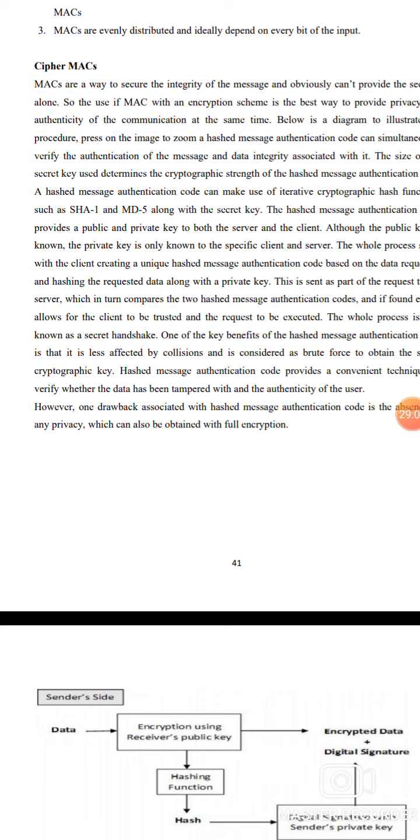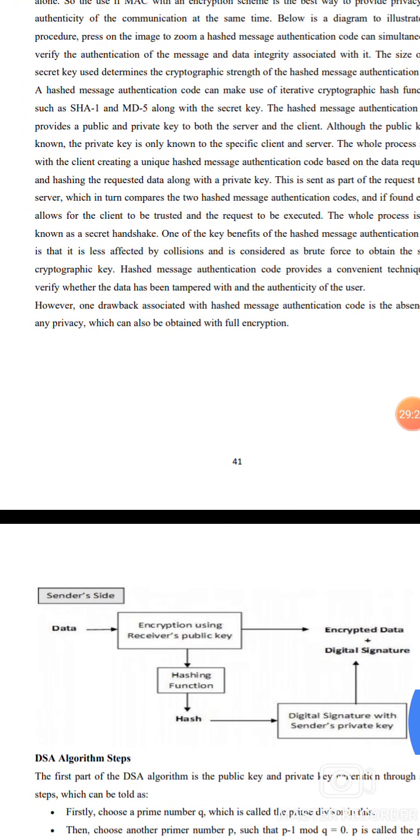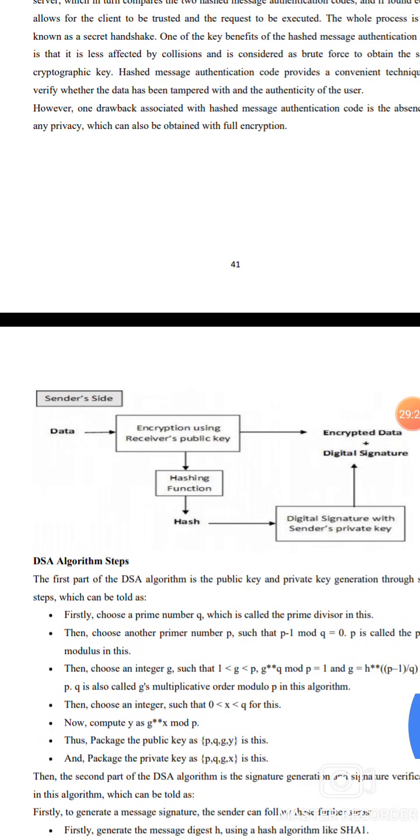This is sent as part of the request, which in turn is used to compare the two hash message authentication codes. One of the benefits is the hashed message authentication, the cryptographic message authentication code. One drawback: in hashed message authentication, there is an absence of any privacy obtained with full encryption.